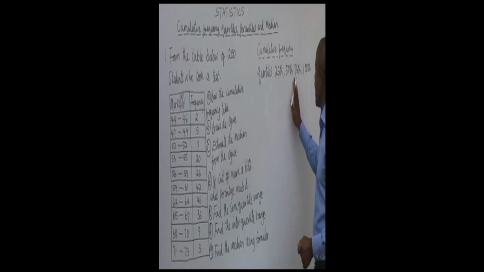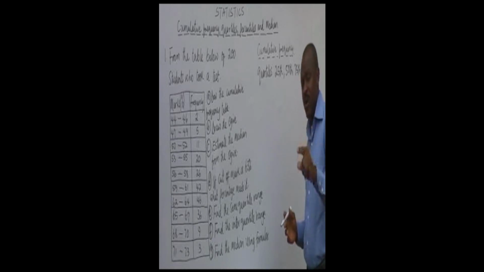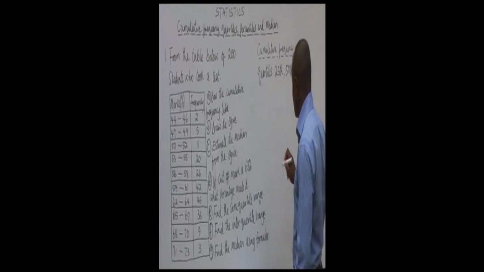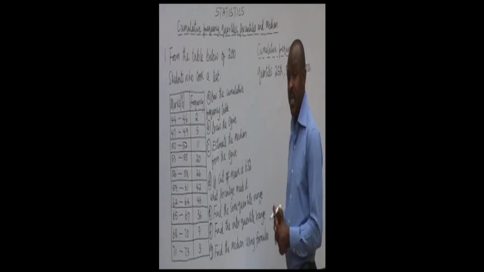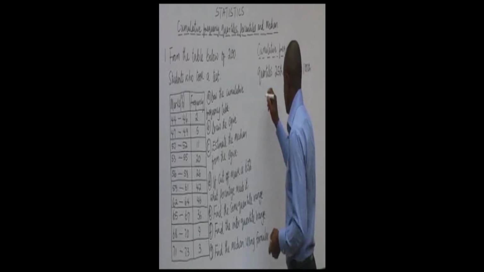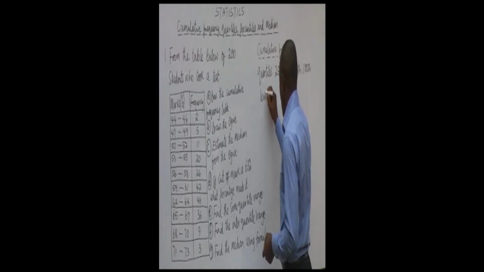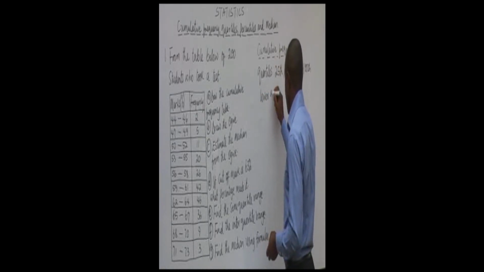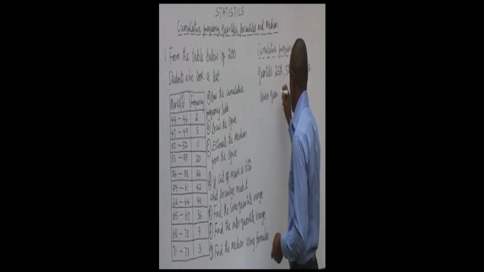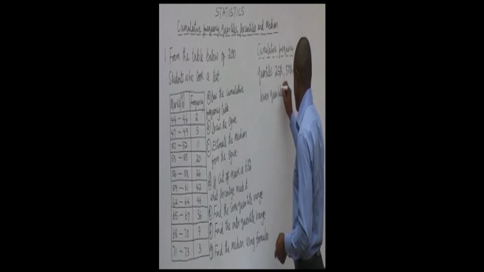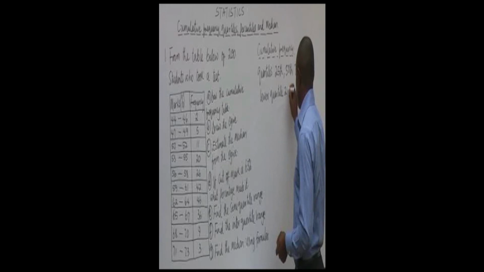So this is the way the cumulative frequencies are divided. The first quartile, which is the 25th, is called the lower quartile.